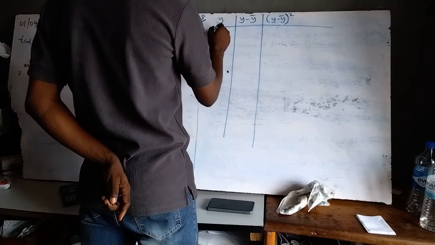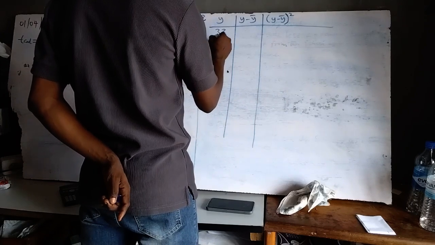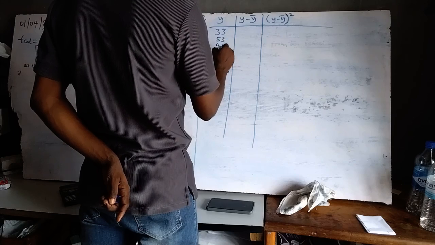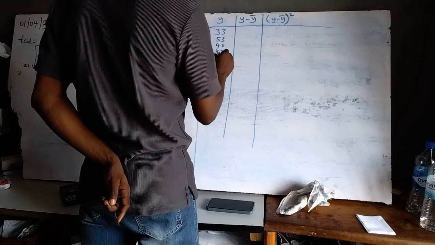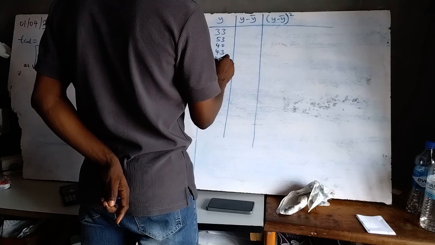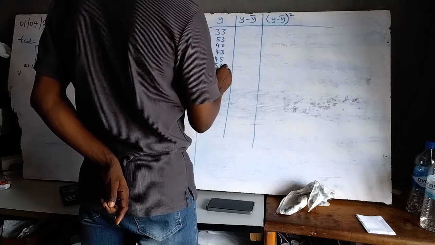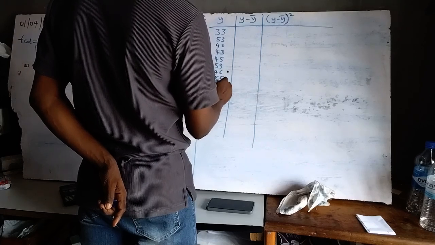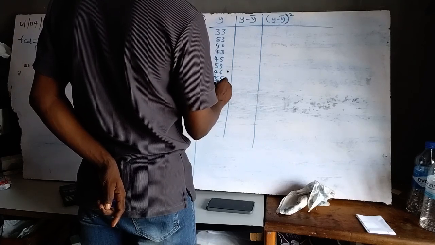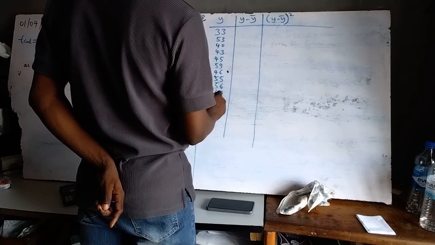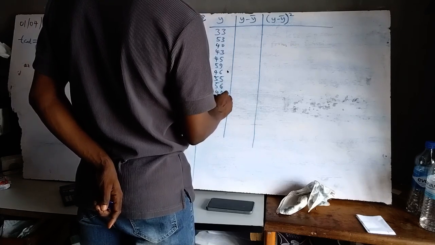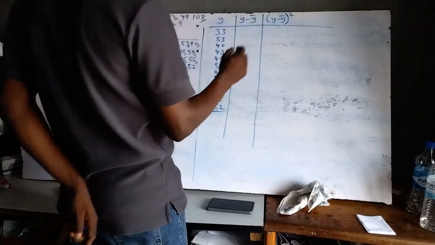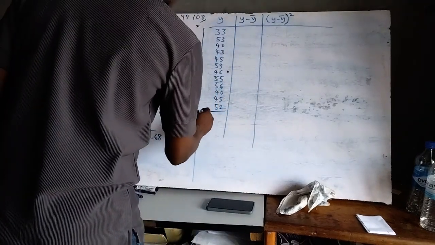So 33, 53, 40, 43, 45, 59, 46, 55, 56, 40, 45, and 52. So the first is to get our mean.